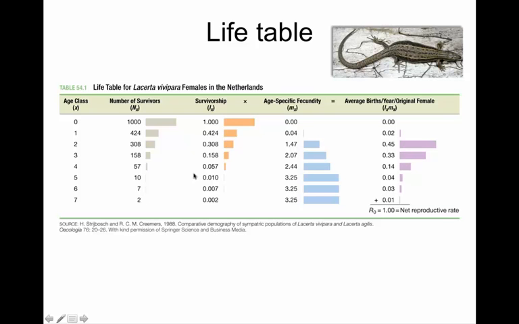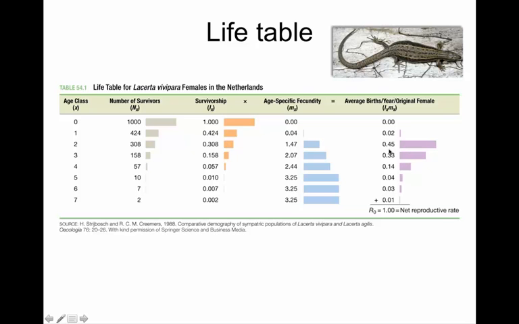And so, for example, if we look at this last column here, we can see that most of the births in a given year for this particular age structure and fecundity relationships are for relatively young lizards, namely the 2-year-old lizards.